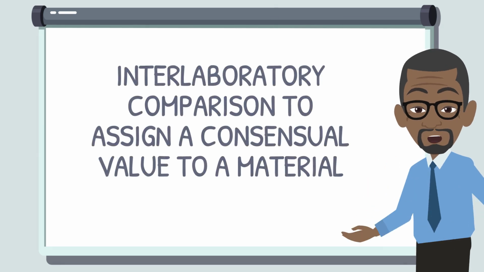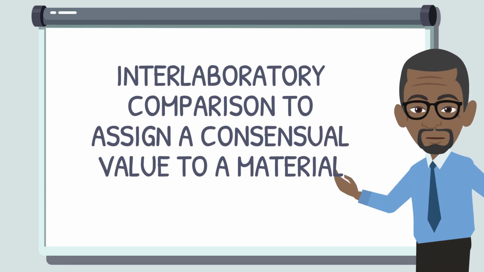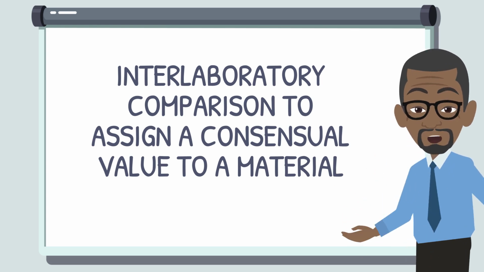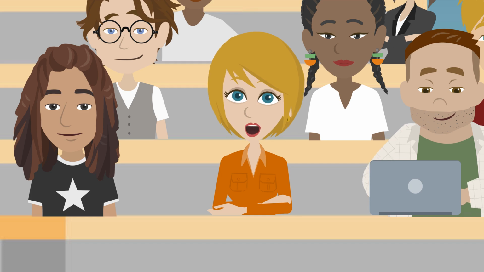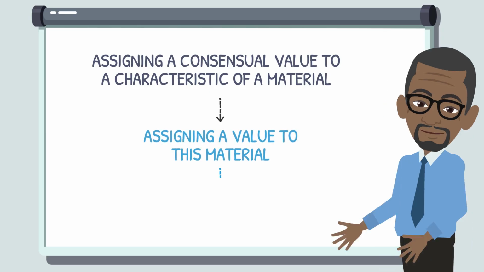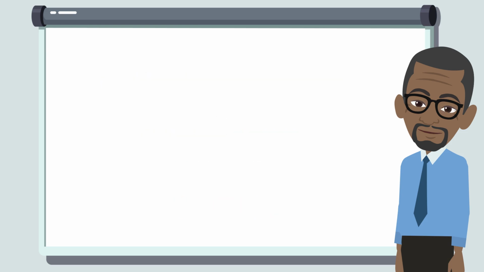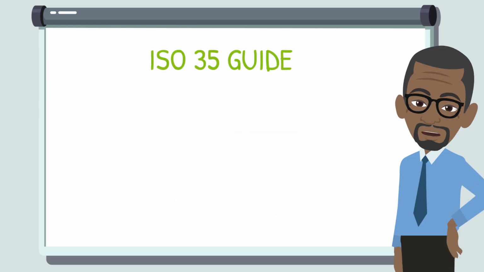Finally, if we wish to attribute a consensus value to a characteristic of a material, we will assign a value to this material. The associated standard is ISO 17034, General Requirements for the Competence of Reference Material Producers. This standard is backed up by a detailed ISO Guide 35.